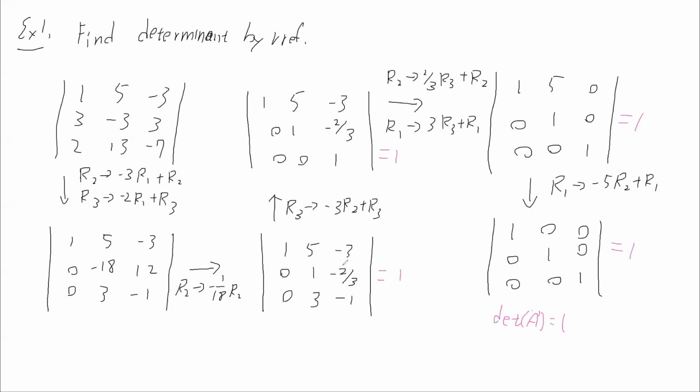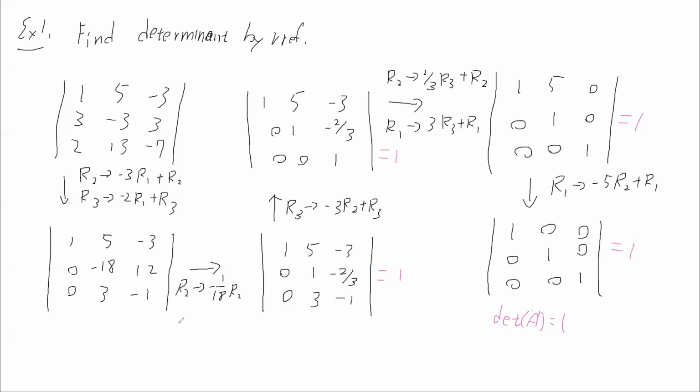All right, going back further, now this is the one where we're going to have some sort of change in our determinant. To go from here to here, we multiply the second row by -1/18 to get here. So what's the opposite of multiplying by -1/18? It's dividing by -1/18.